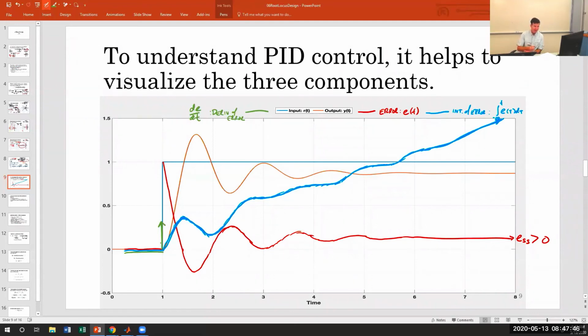But then immediately at t equals 1 plus, immediately at the time just after the step fires, we have a negative slope. So it jumps with an instantaneous Dirac delta, and then it starts over here at some negative value until the derivative gets to 0 here. The derivative is also 0 here, and here, and here, and here.